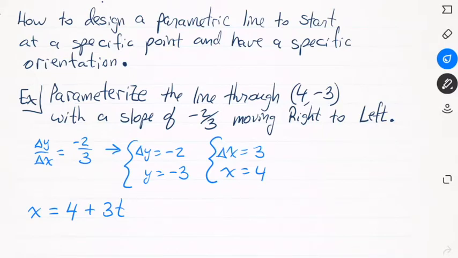So as t increases, our change in x is going to increase. Then my y parameterization is going to start at -3, and then I'm going to change the y value -2 for every t.